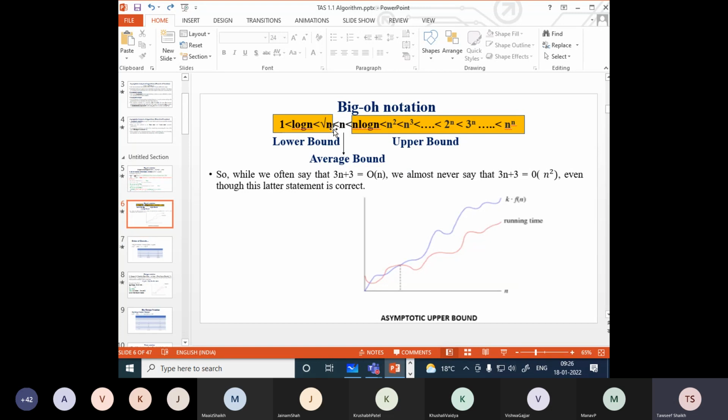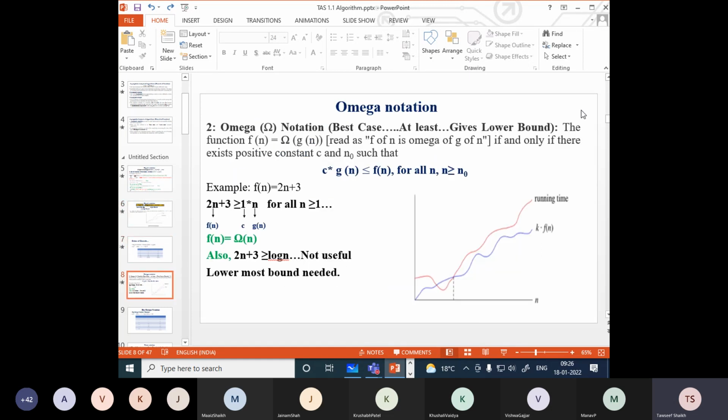In this example we have three functions: 1, log n, and under root of n. So any of those functions can be the omega of n. That is true. But what is important, what is informative, is that we take only the one which is the least, the maximum least bound.